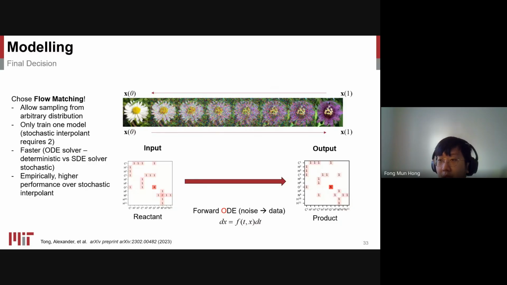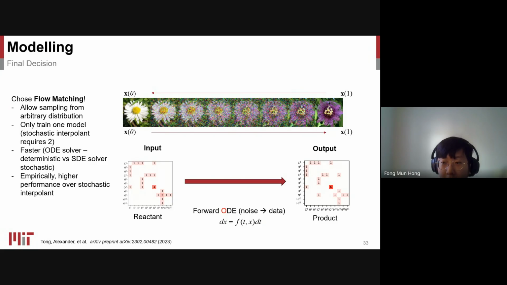All right, so at last we chose flow matching because, as you can see, it's actually relatively simple. And I think the key idea here is that we wanted to sample from an arbitrary distribution. This is very native to how we learn this problem itself, like reactants to product.